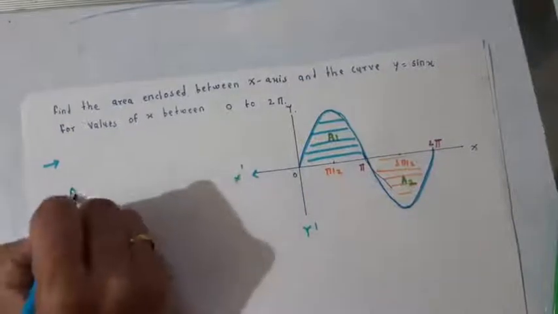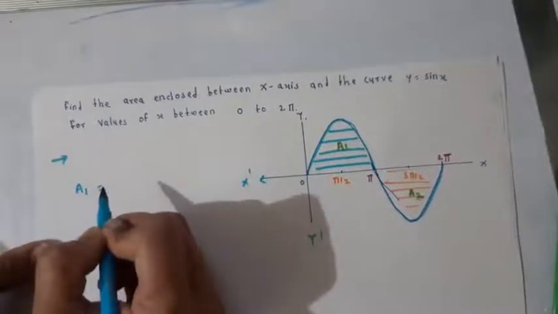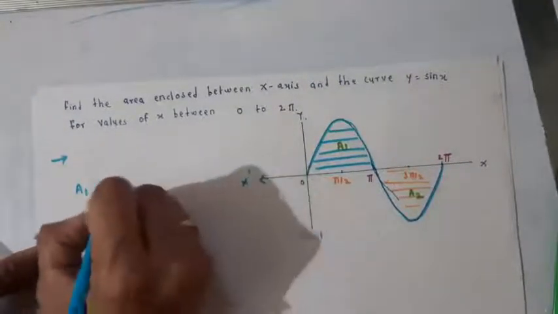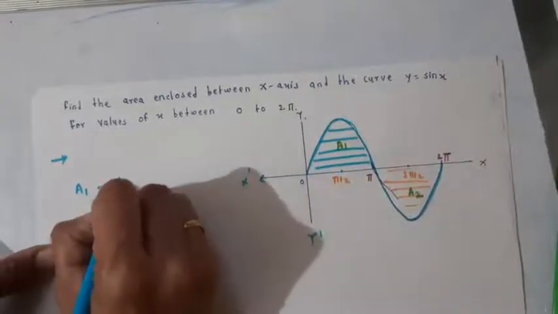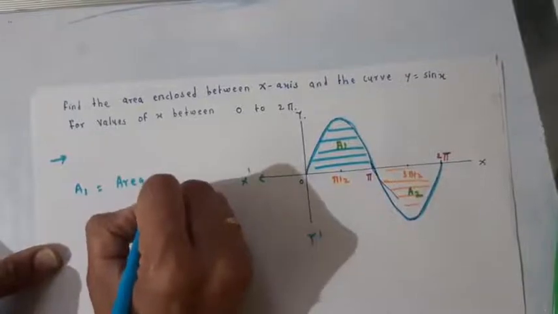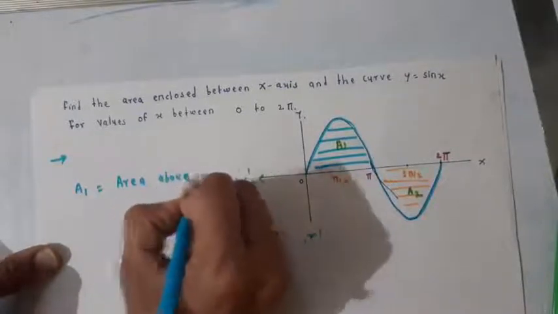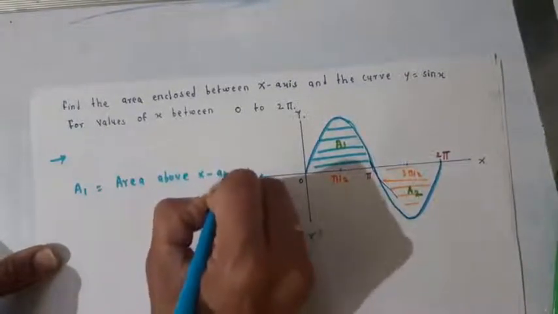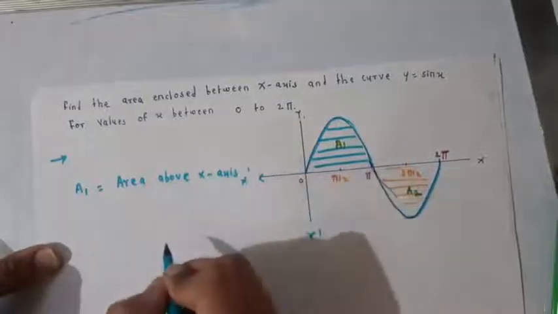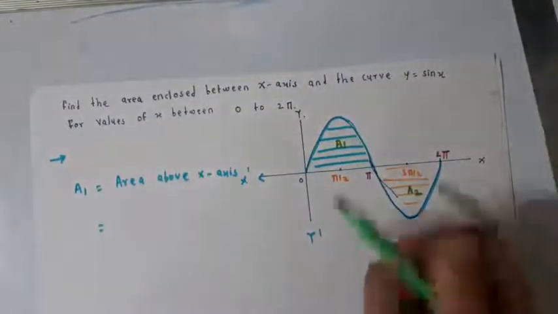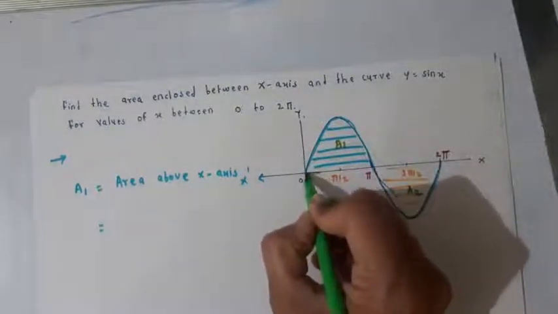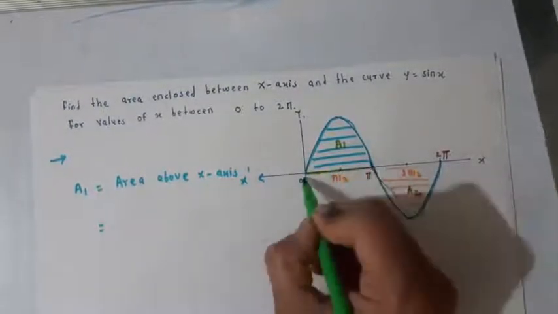So area A1 is the area above the x-axis. And for this area A1, x lies between 0 to pi.